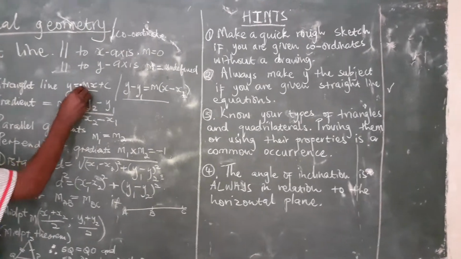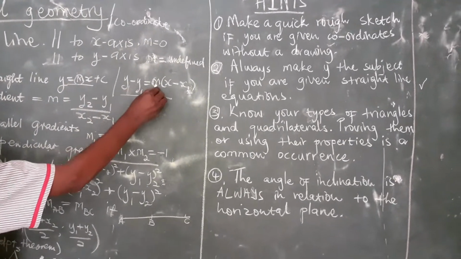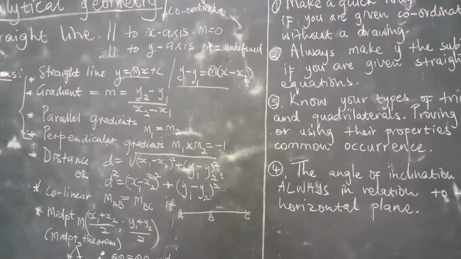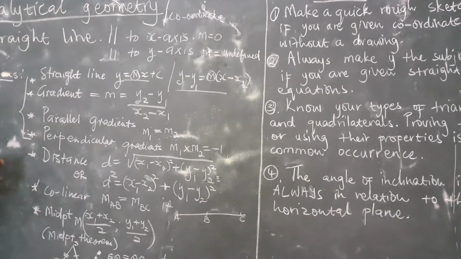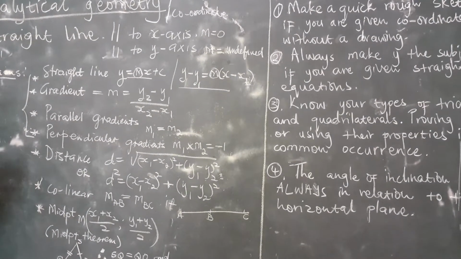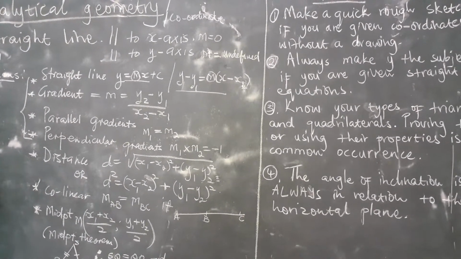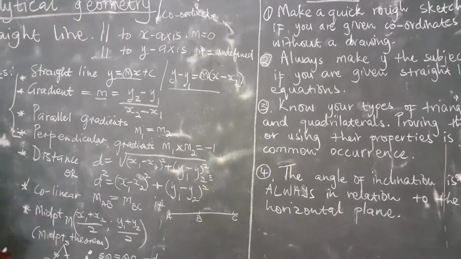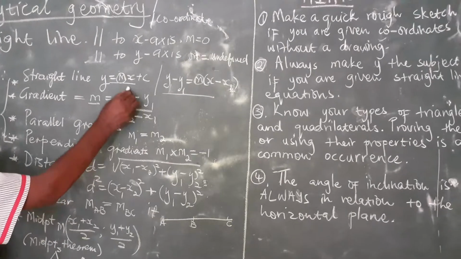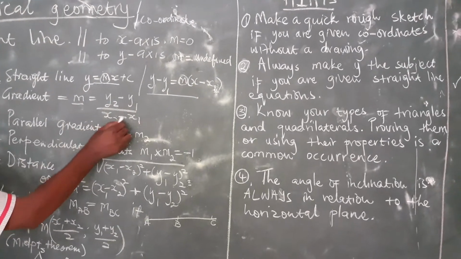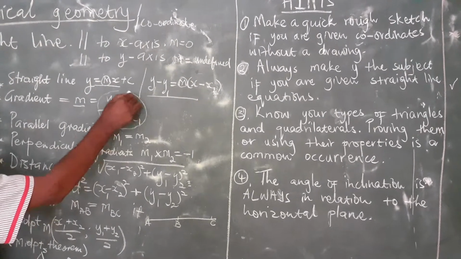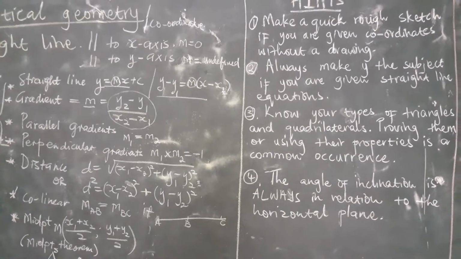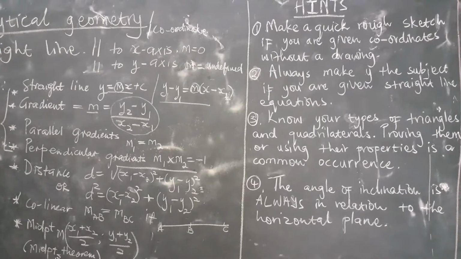But the m that we are going to talk about most today will be the gradient of the line, because it shows you the slope, the steepness of your graph. Now, the gradient of any graph, having known the 2 points, is y2 minus y1 all over x2 minus x1.